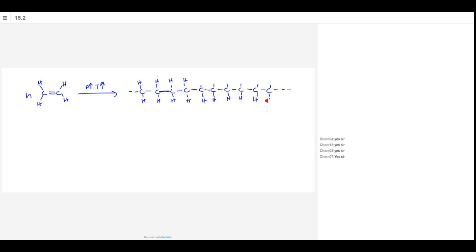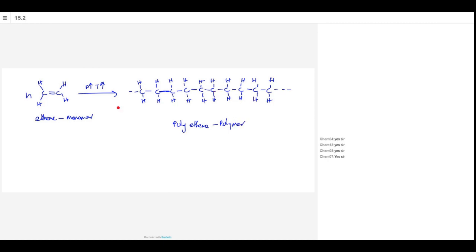So here the monomer is ethene, therefore the polymer is named polyethene. So this is the ethene monomer, and this is polyethene, that's the polymer.